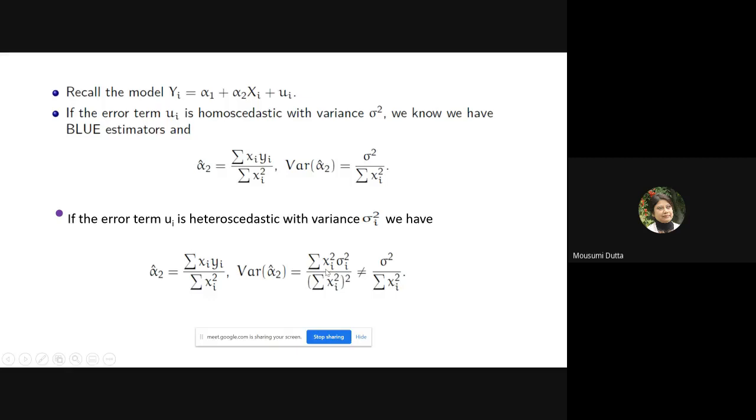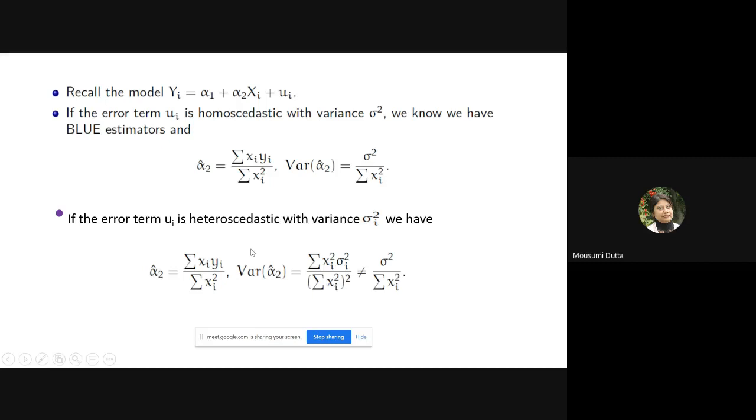So what we are finding is that we can still minimize the residual sum of squares and find out the values of the estimator. However, the main problem will appear if we move to calculation of variance of alpha 2 hat. If variance of alpha 2 hat does not provide us the minimum variance, then the best property of the estimator will naturally vanish.